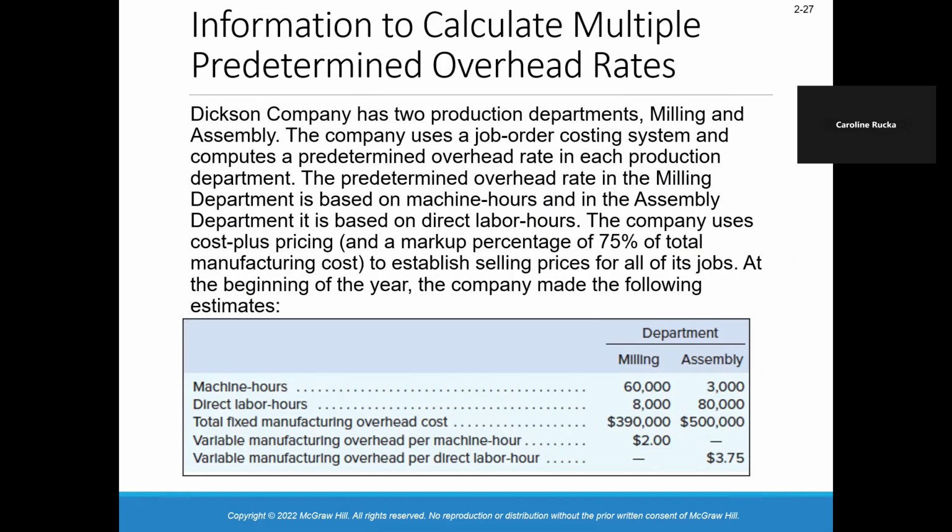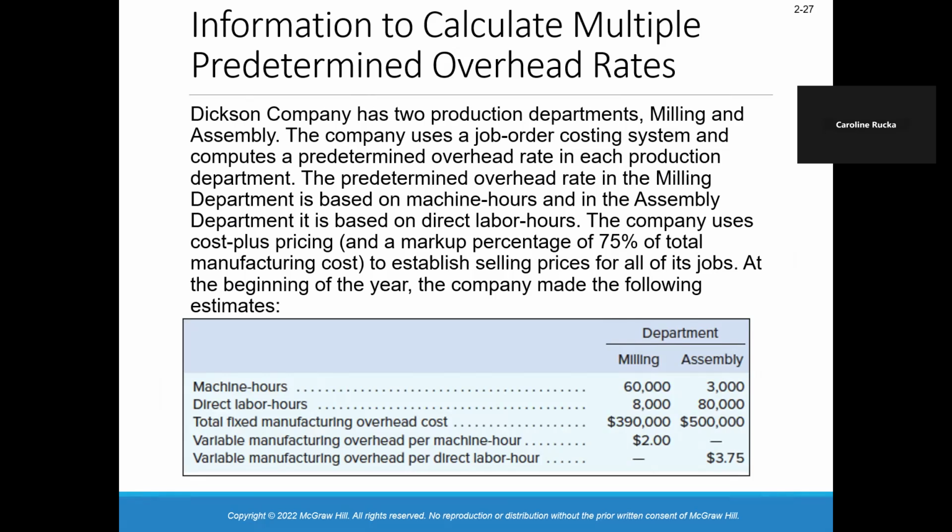The company uses cost plus pricing at a markup percentage of 75% of the total manufacturing cost. That just means that we determine what the cost is to us, and then we mark it up by 75% to make a profit. That's how we establish our selling prices.